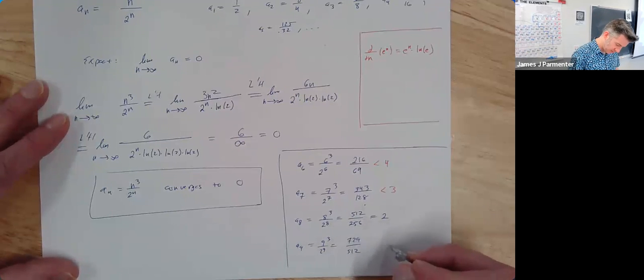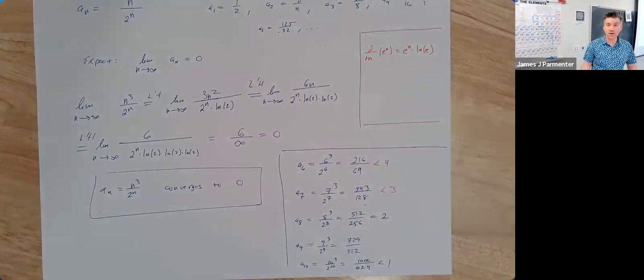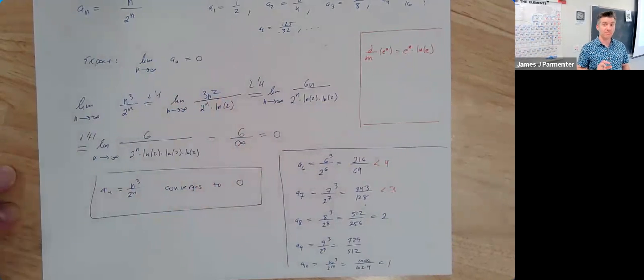And finally, one more term. A10 is 10 cubed over 2 to the 10th. 10 cubed is 1,000. 2 to the 10th is 1,024. That's less than 1. So if you go far enough, the sequence starts to show its actual behavior. But if you only look at the first couple terms, you might be misled by what the sequence is actually doing.